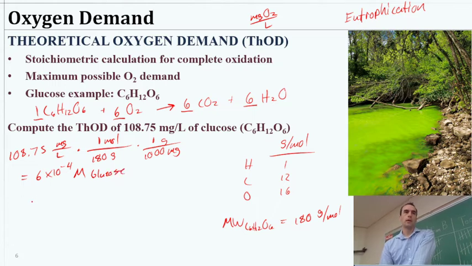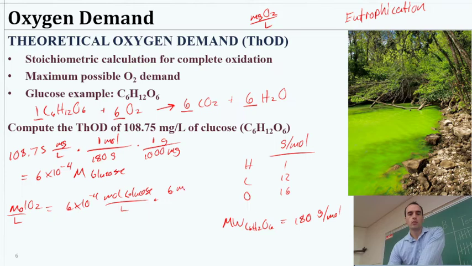And so then we can multiply this by, let's see, so moles of oxygen per liter then would be that 6 times 10 to the minus fourth moles glucose per liter multiplied by 6 moles of O2 per 1 mole glucose. I'm just going to abbreviate it GL.